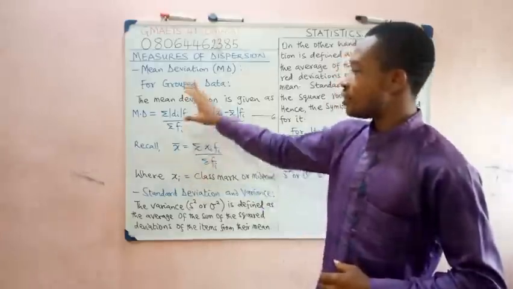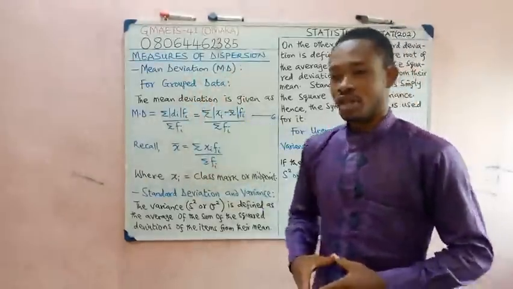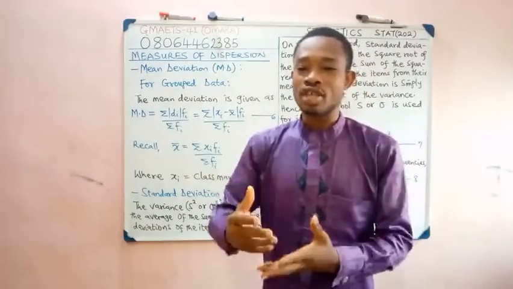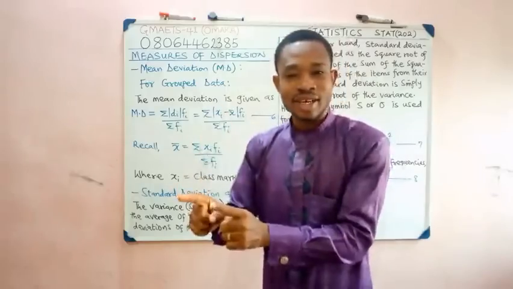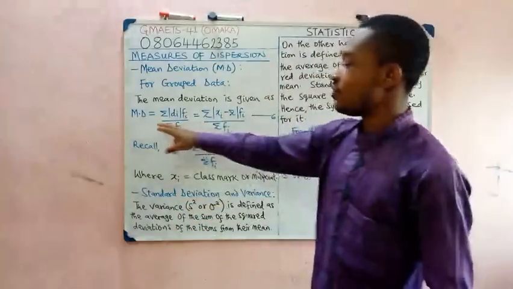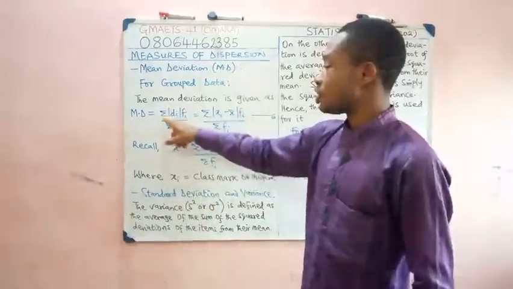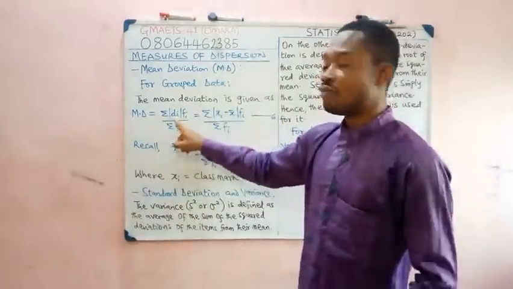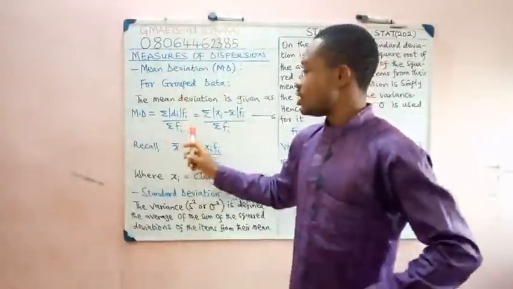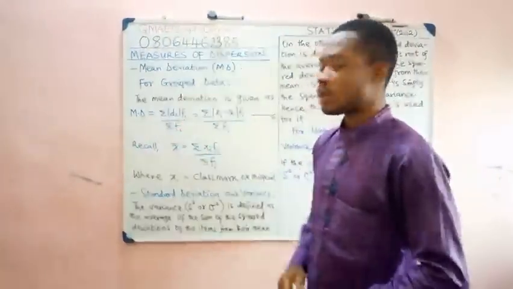On the board here, we have the mean deviation for grouped data. The formula happens to be the same as the formula for calculating the mean deviation for ungrouped data that bears frequencies. Now you can see the formula there: mean deviation is equal to the summation of the absolute value of the deviation from the mean, multiplied by the frequencies, divided by the sum of all the frequencies.